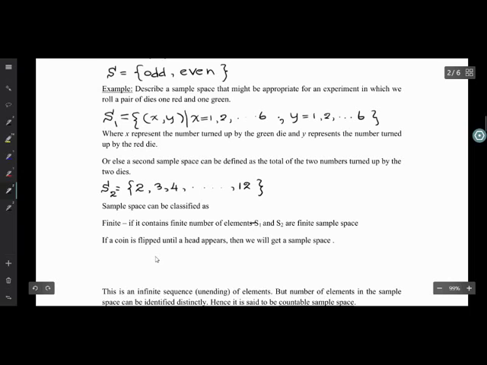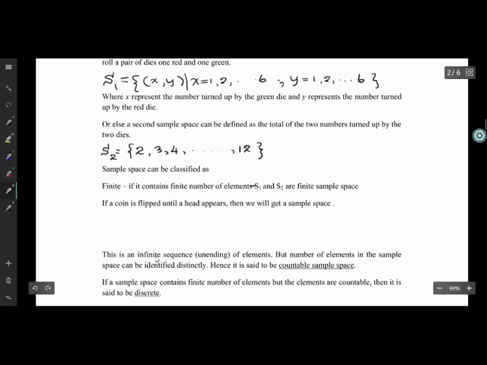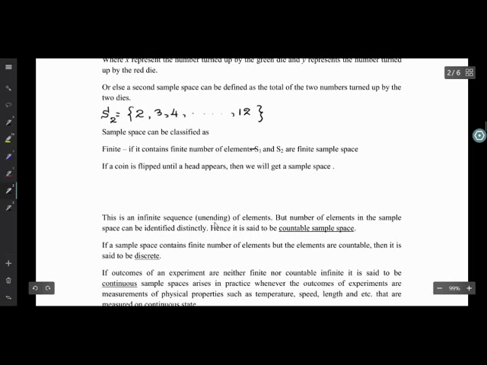If a coin is flipped until a head appears, then we will get our sample space like this. You may get the head in the first flip, or maybe in the second flip, maybe the third flip, maybe the fourth flip, and it may go until infinity.